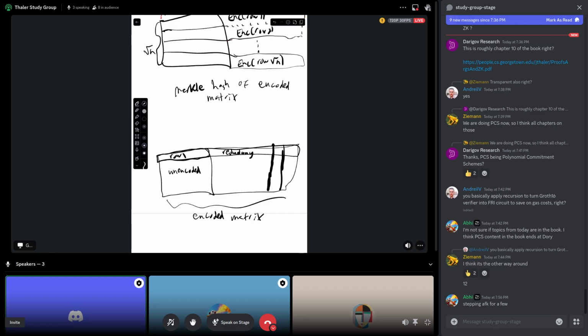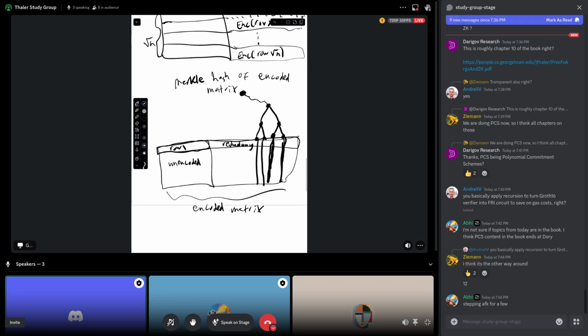Just a quick sketch here. You would hash this entire column, you would hash this entire column, and then you would hash those two hashes, and you'd build a tree in this way. So you might hash these two columns separately, then hash the hashes, and build the tree. This Merkle procedure compresses the entire encoded matrix down to a single root hash.